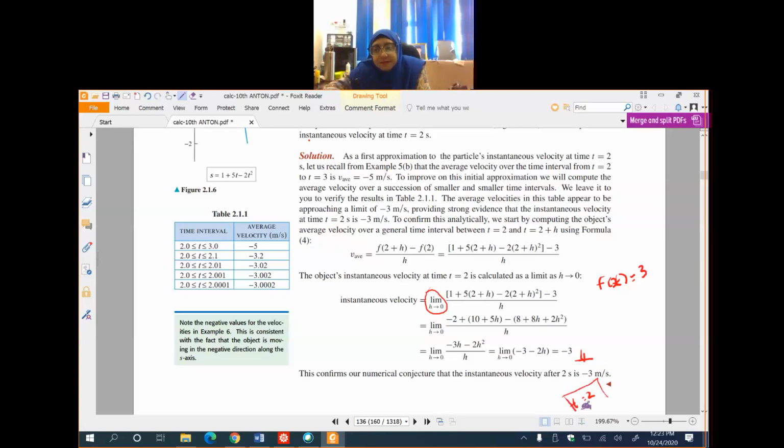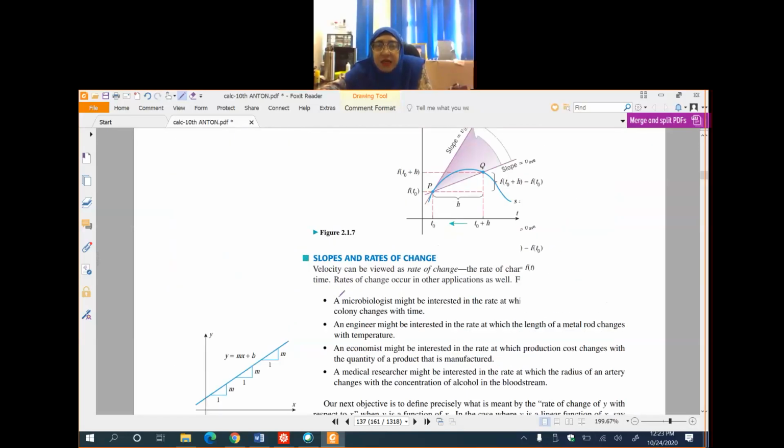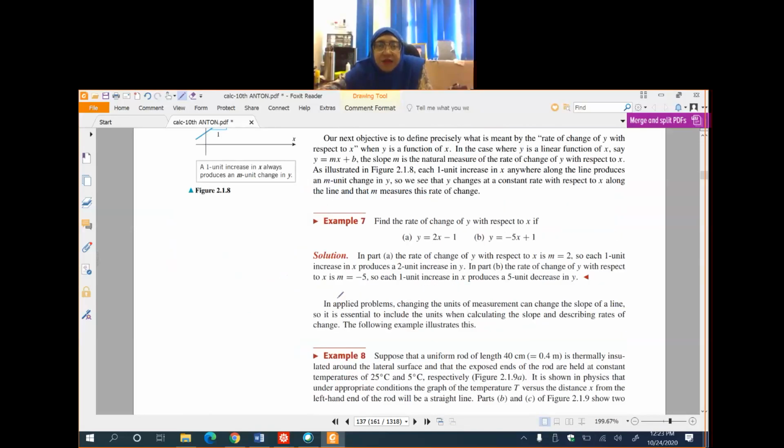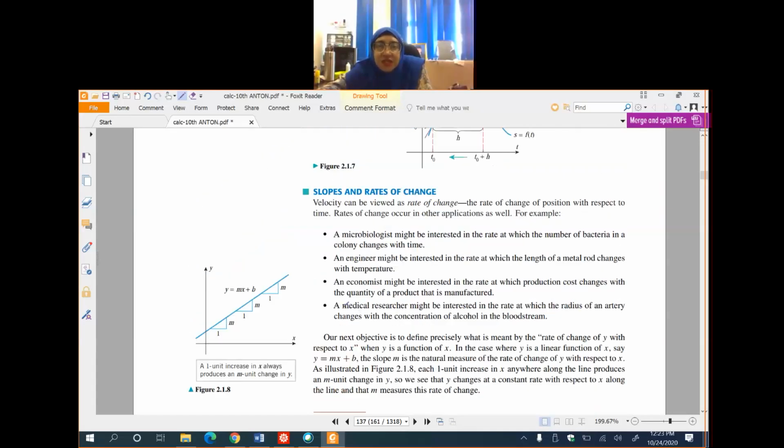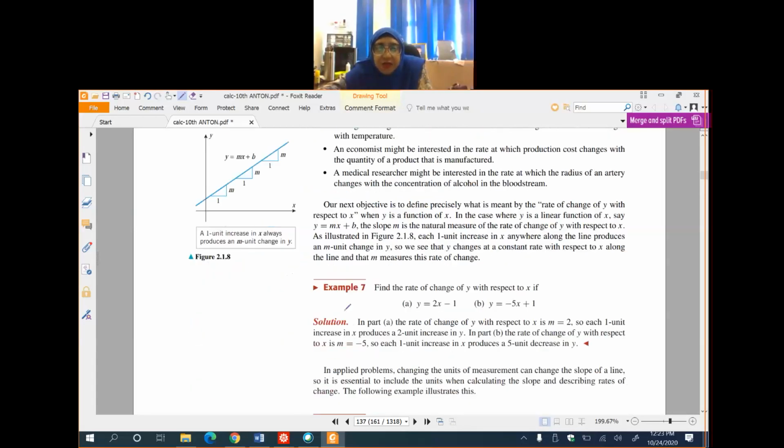So this is when t is equal to 2. So this is for the instantaneous velocity. Okay, we also have the rates of change. Like before, we know that there are connections between the average velocity and the slope of the secant line.